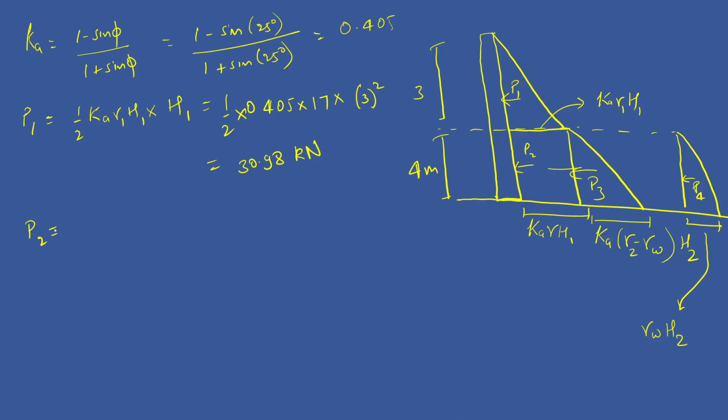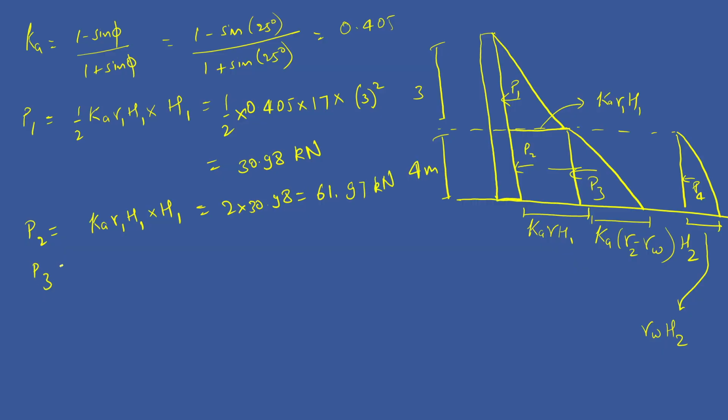Then P2 is basically again K gamma 1 H1 into H2. It's twice of this basically, so 2 times 30.98 is 61.97 kilonewton.